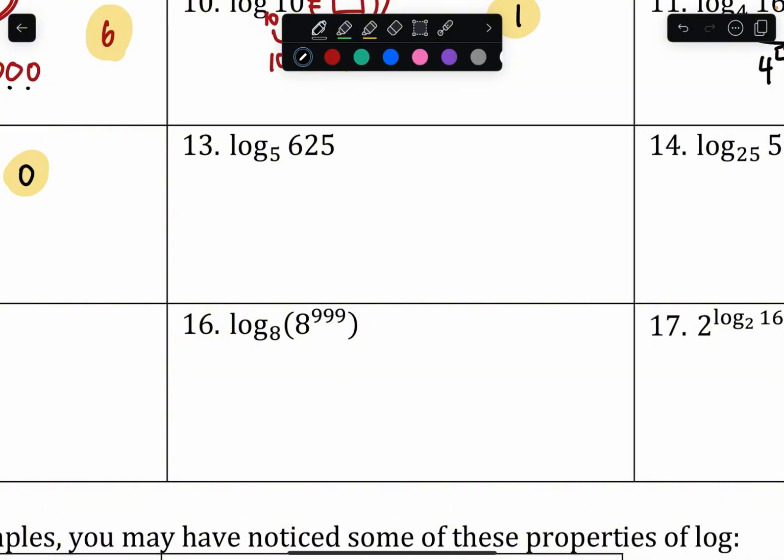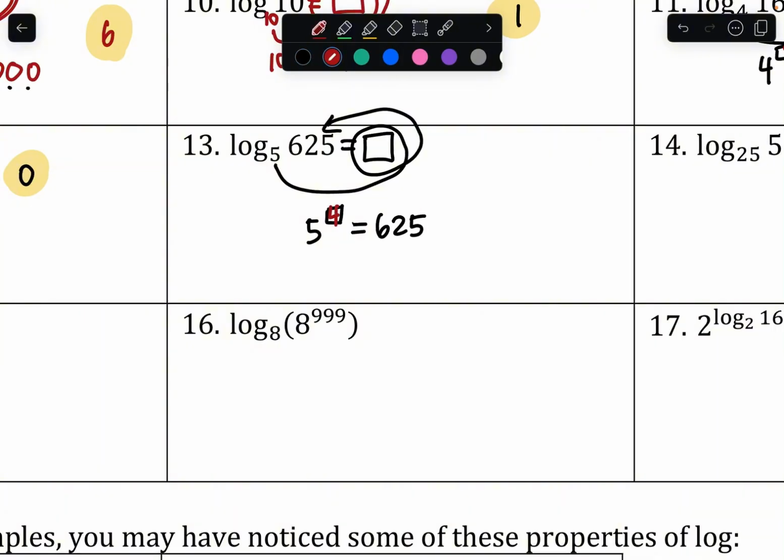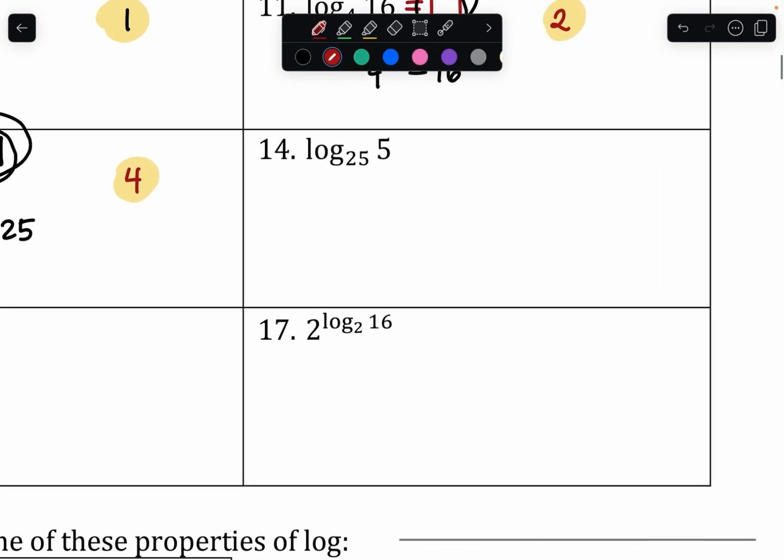On this next problem, we're trying to figure out log base 5 of 625. So we convert: 5 to some power equals 625, and that would be 5 to the 4th power, so your answer would be 4. Okay, getting a little bit trickier here. We're trying to figure out log base 25 of 5.